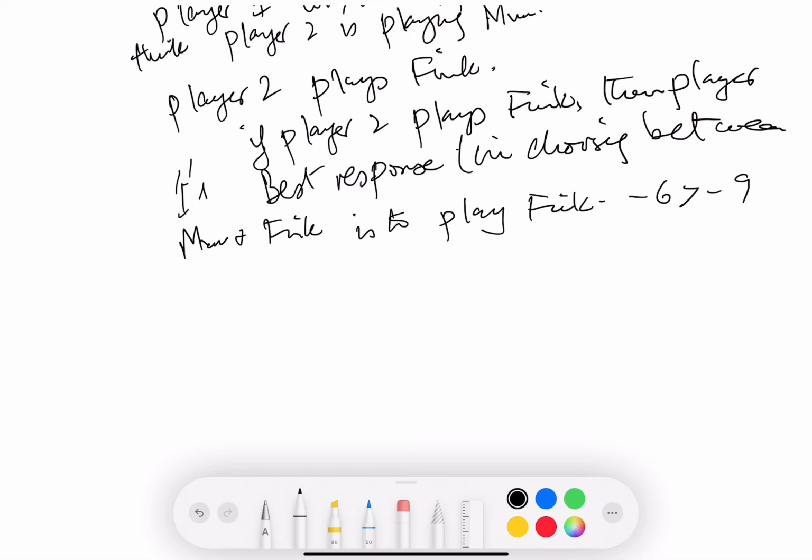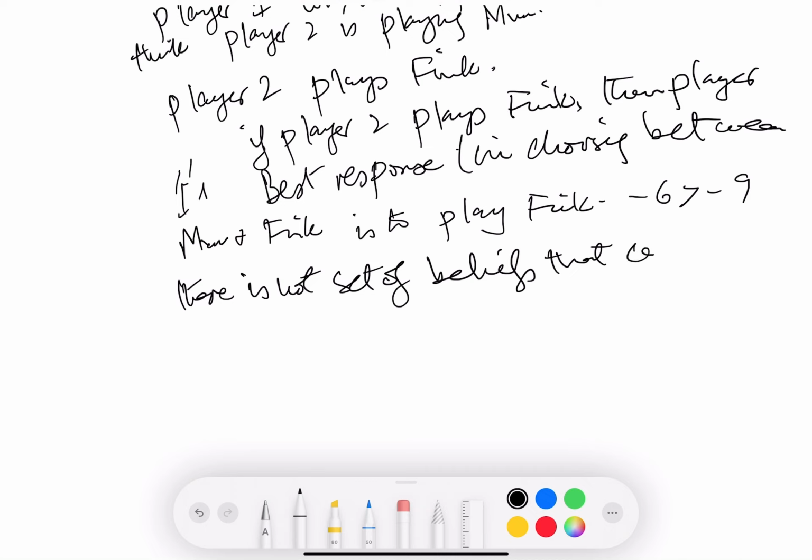So the point is, there are only two states of the world. Either player 2 plays mum or player 2 plays Fink, or with certain probabilities, player 2 can play mum or player 2 can play Fink. There is no set of beliefs that can lead to player 1 not playing Fink.